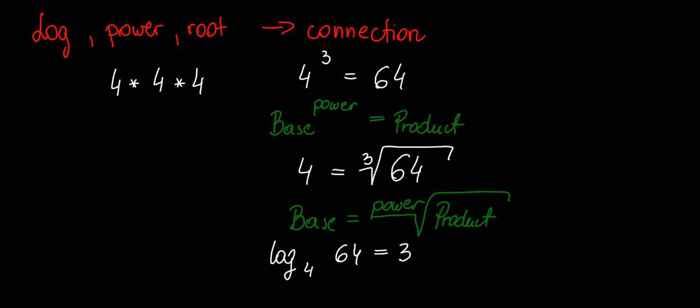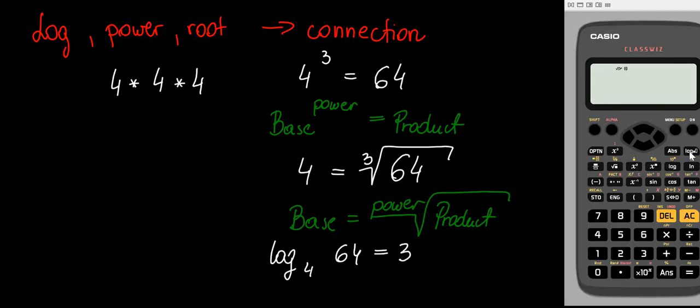And I just want to show you on the calculator how that is used. So that's where we put our base here. So it is 4 and then the product in brackets, 64, and that is giving me the answer 3.